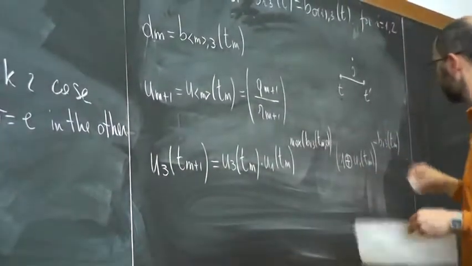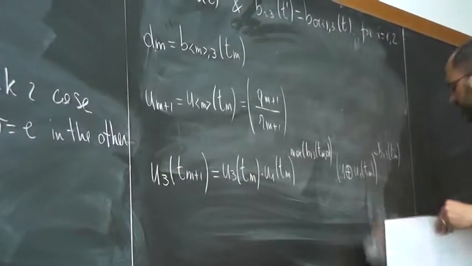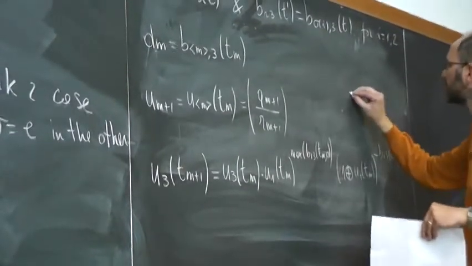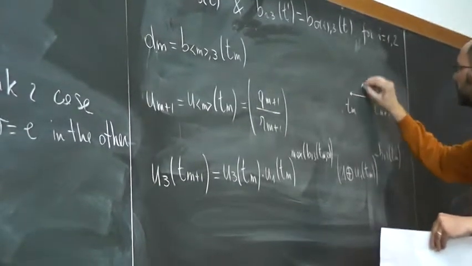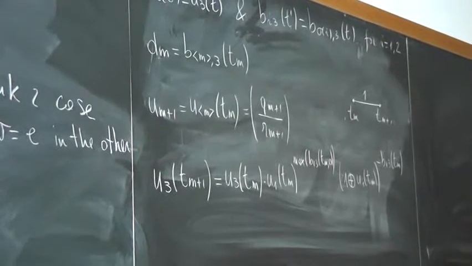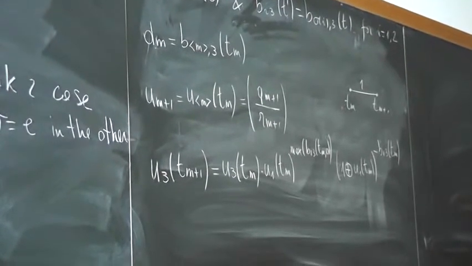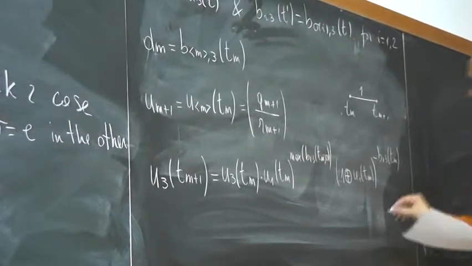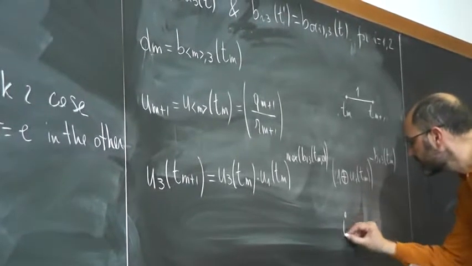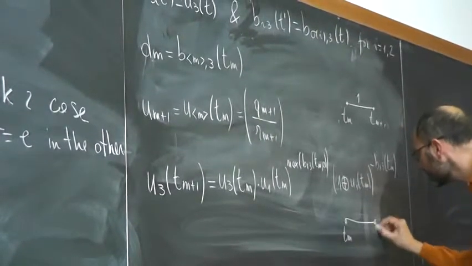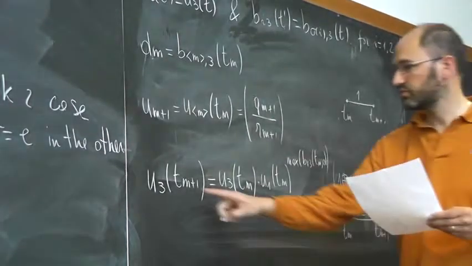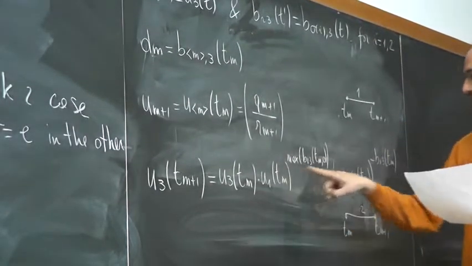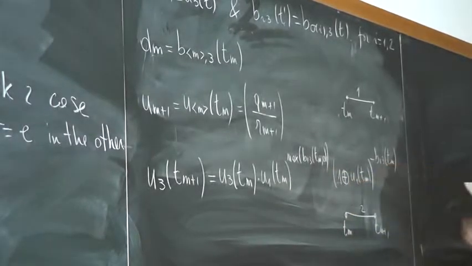Similarly, in the other case, so this is a case where t_{m+1}, and similarly if t_m plus 1 has a 2, then we just have to replace this index 1 here and here.